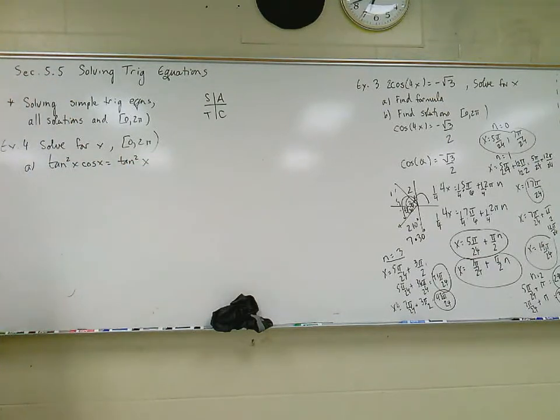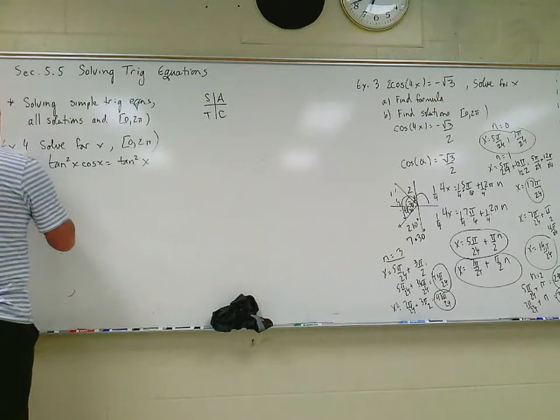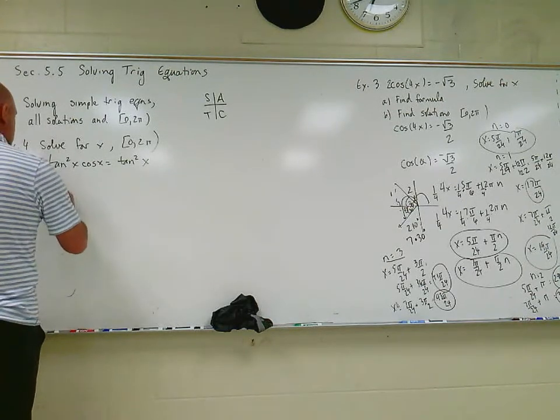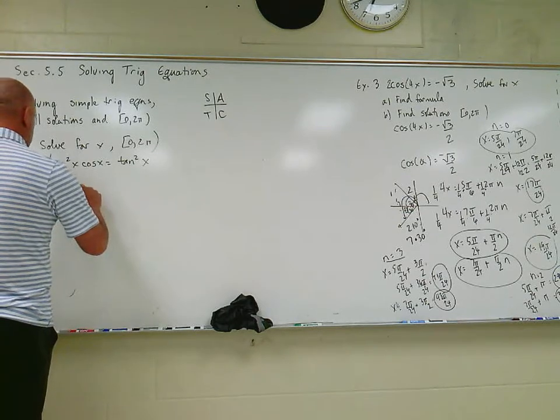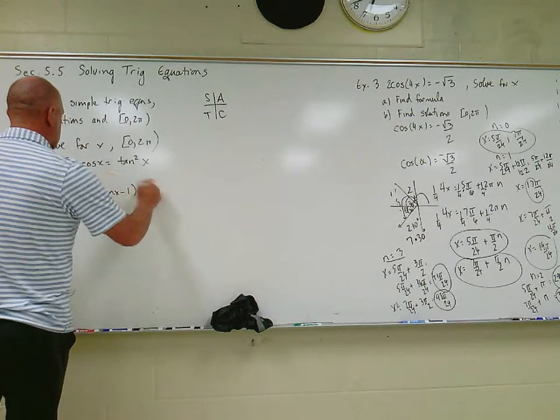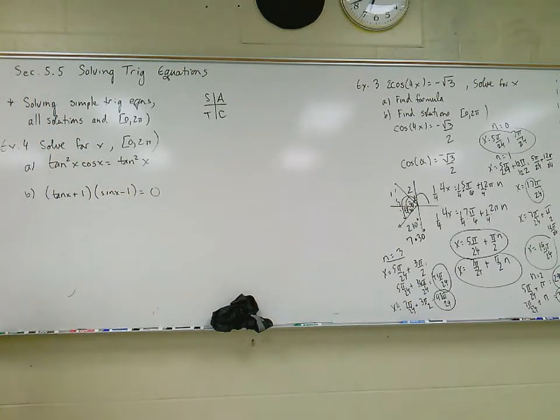Don't panic on these, they're not that bad. Part B, tangent x plus 1 times sine x minus 1 equals 0. Both of these are worked in the same way, all right?